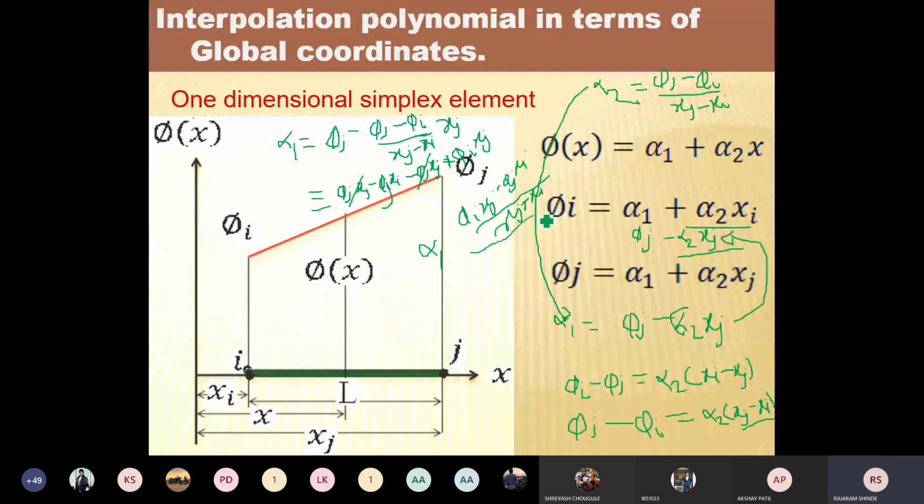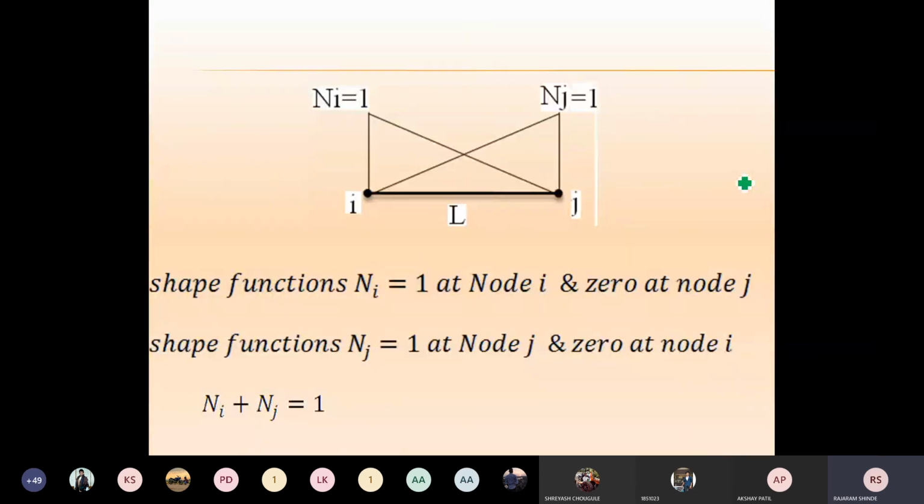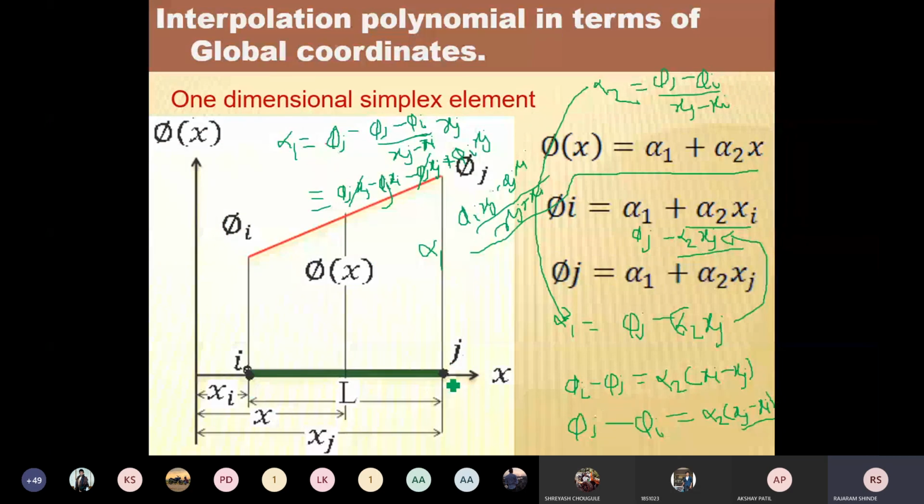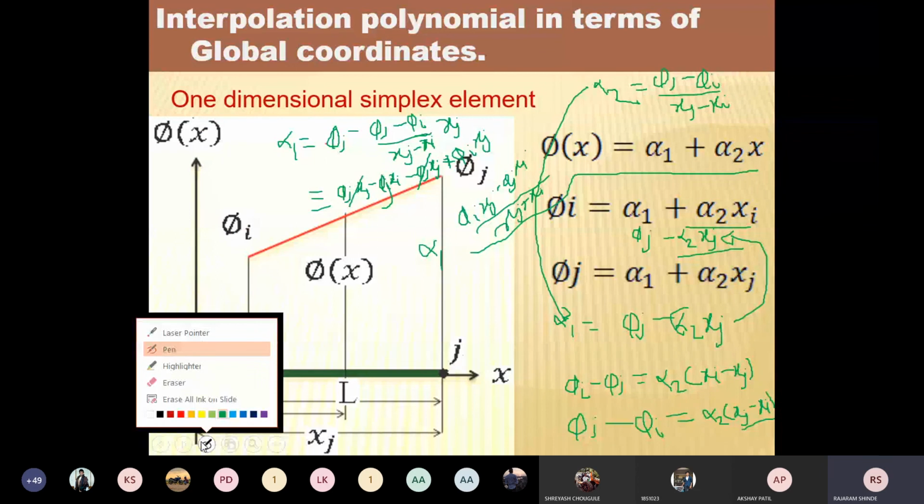Now you put alpha 1 and alpha 2 in this equation. What will you get here? You will get xj minus x upon L into phi i plus x minus xi upon L into phi j. L is the length of this element. Already I have covered it in the first unit.